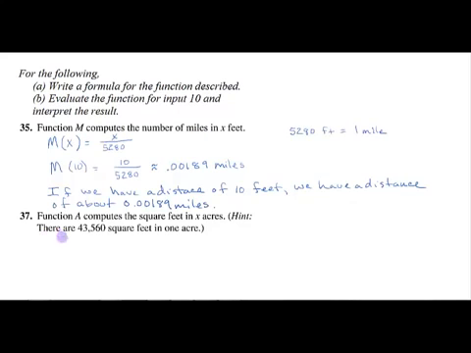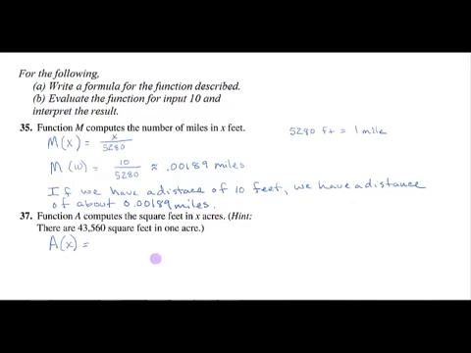Now let's look at this one. This function is function A, and it computes the square feet in X acres. There are 43,560 square feet in 1 acre. So if I have this function A, and they're having us use X acres, X will be our input value. Let's say we had 1 acre.